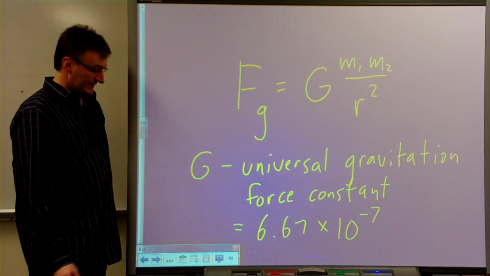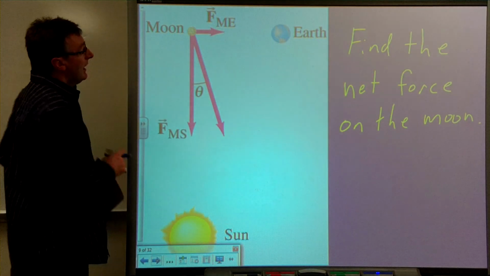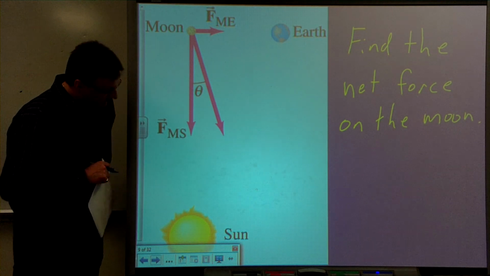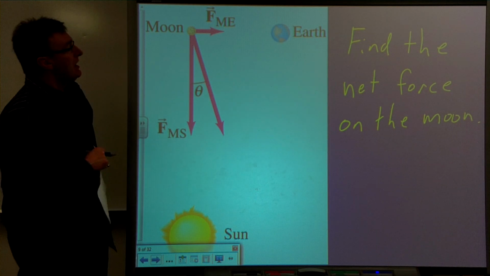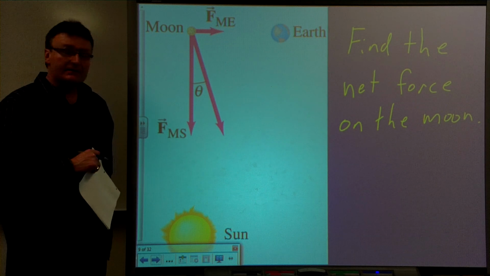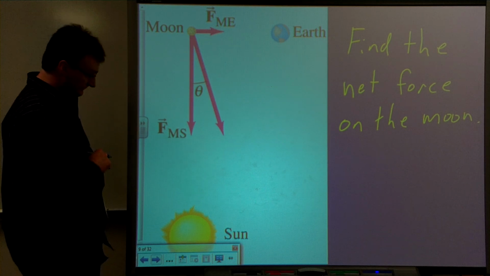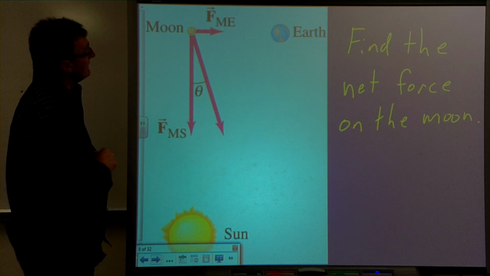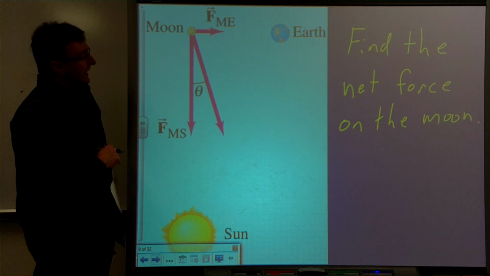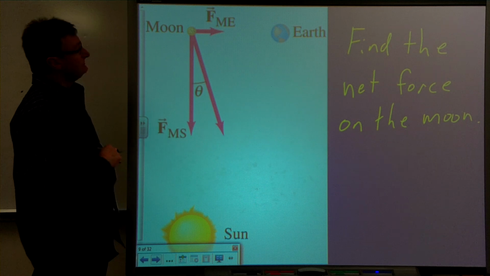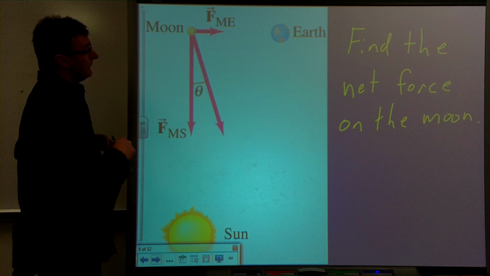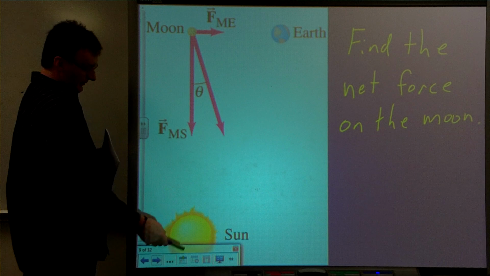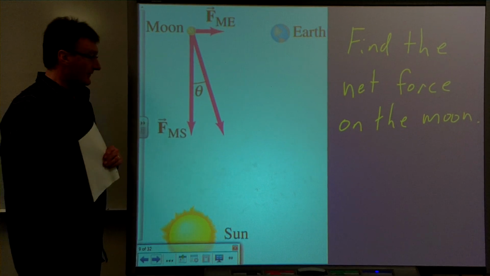All right, so let's look at an example of how we determine the net force of gravity on an object. In this case, our object is the Moon. We're going to determine the net force of gravity on the Moon from the gravitational force of the Earth and the gravitational force of the Sun.